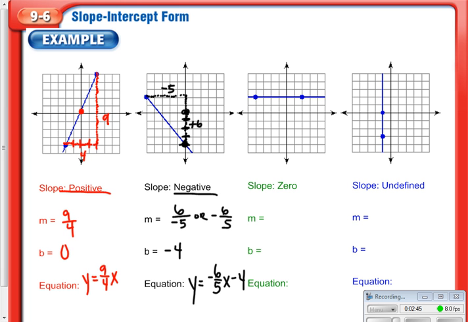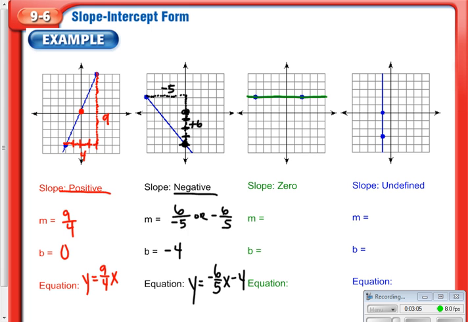The next two examples are pretty easy to write equations for. However, they are the most difficult to remember. Anytime you have a slope that is horizontal, so straight across, remember slope is the steepness of a line. Think of a ski slope. That has no slope. There's no pitch to that line.